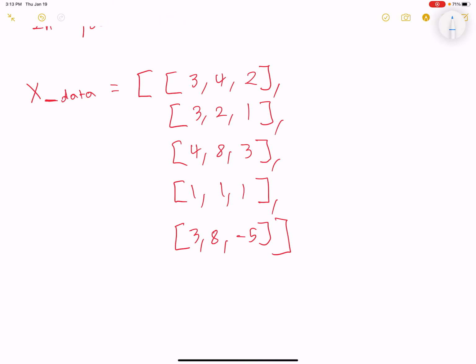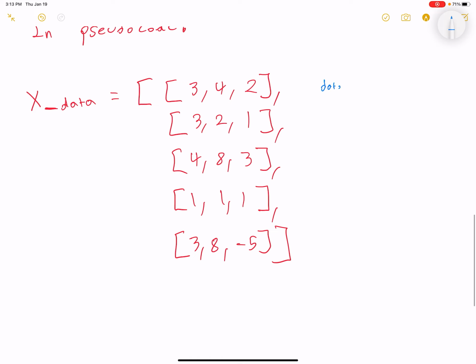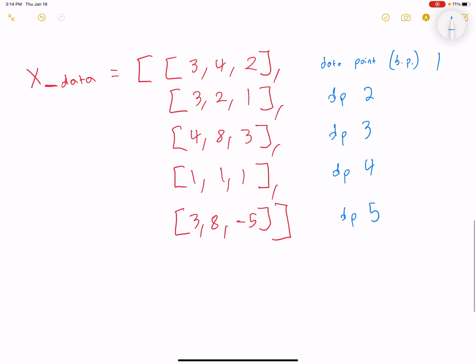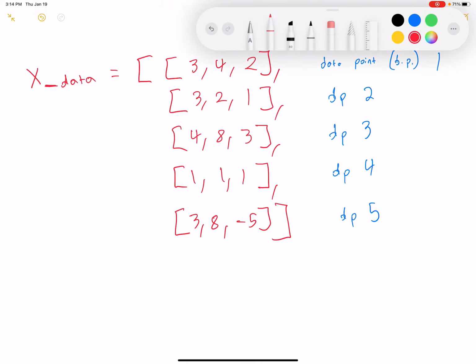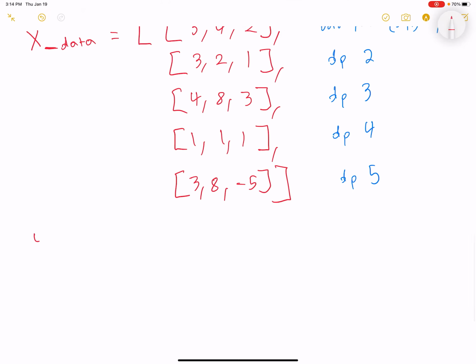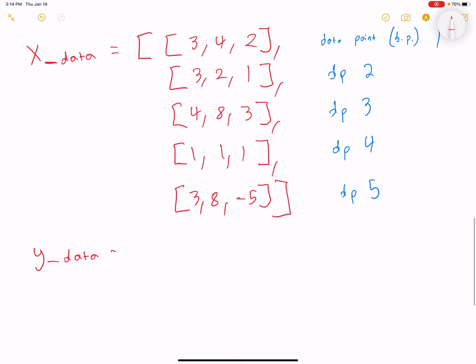So just to be clear, data point 1, 2, 3, data point 4, data point 5. That's what we're going to use as the inputs to the model, and you also need to specify the desired outputs to the model. So you might put that in a variable called y data. And let's say this is binary classification.